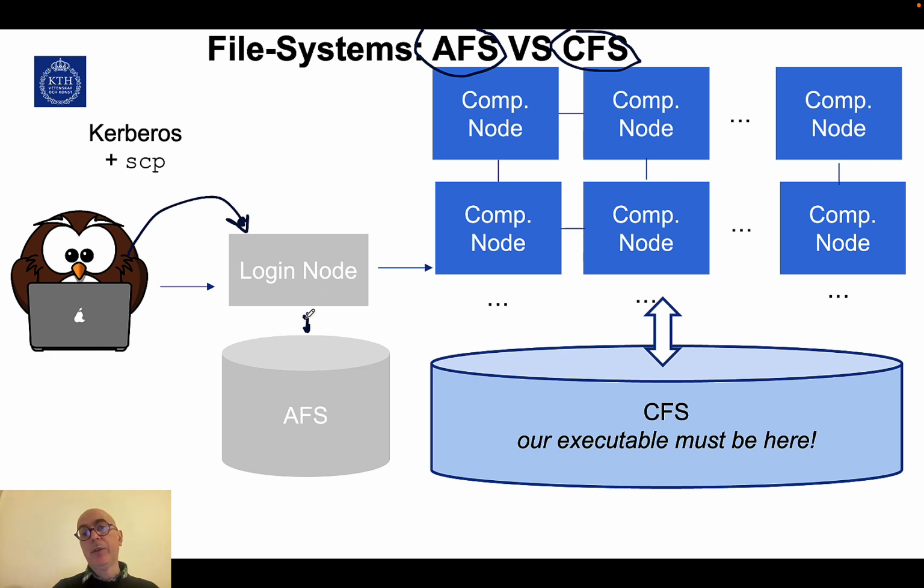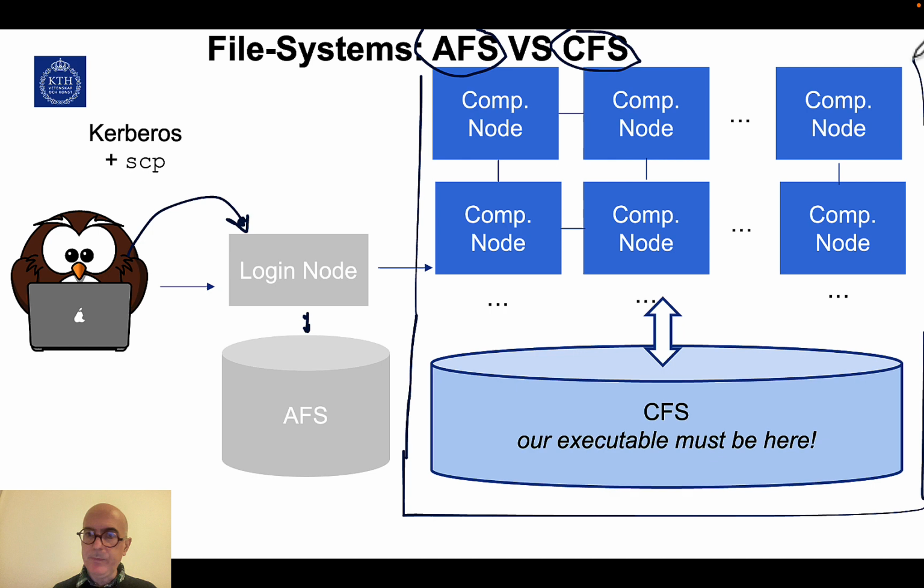The important part is that when we run on the supercomputer, so we use Slurm, at this point we have our simulation running on the compute nodes. It's super important to know that the computing nodes only have access to CFS, the file system, so they cannot access AFS.